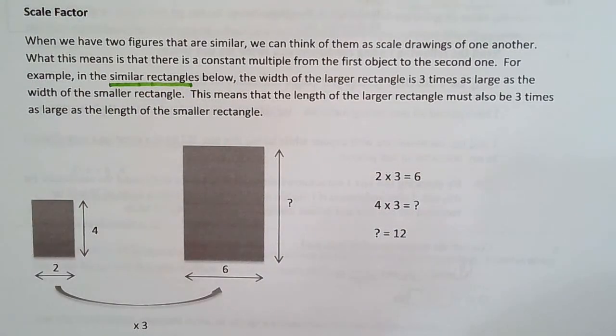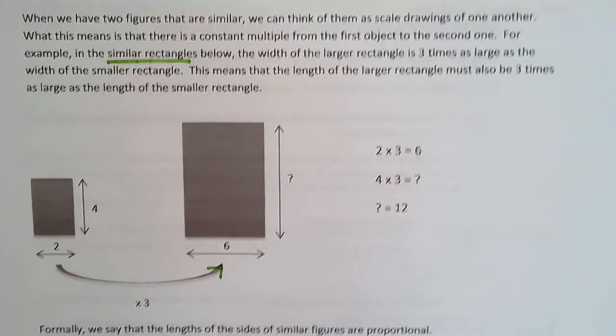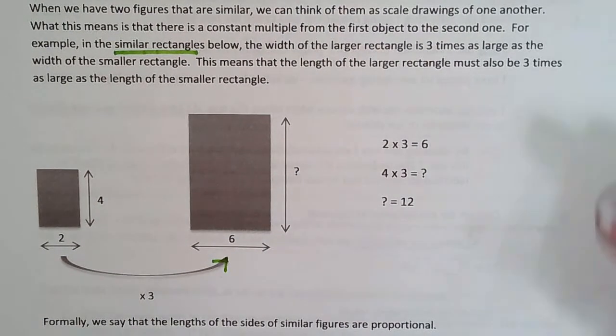The width of the larger rectangle is 3 times as large as the width of the smaller. This means that the length must also be 3 times. So looking here, you can see 2 times 3 is 6. And remember, this only works if they're similar. If they're not similar, then this won't work.